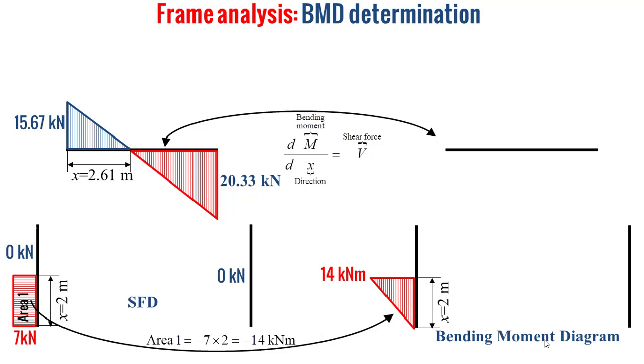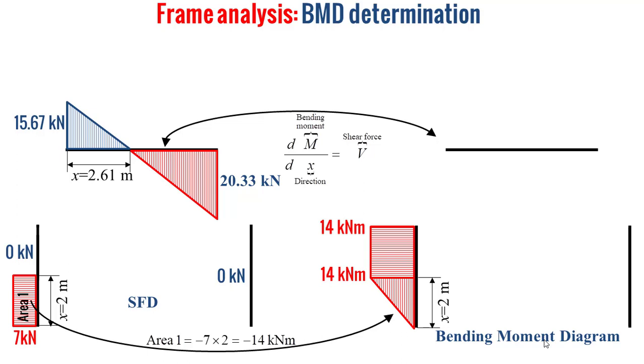It varies from 0 kilonewton meter at the bottom of the left hand column to minus 14 kilonewton meter at the half height, and it will continue to be minus 14 kilonewton meter over the upper half height of the left hand column, since we have no shear force over the half height of the column.